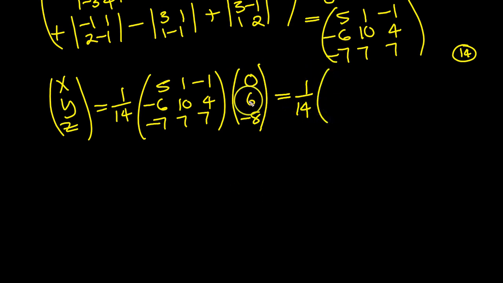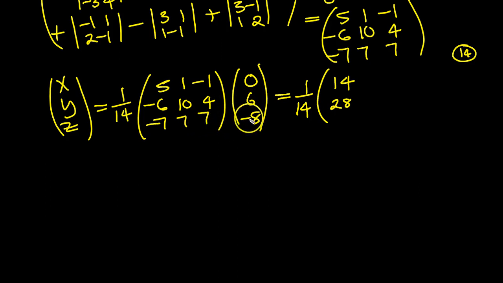And what have we got? 0, 6, minus 8. So we've got 5 noughts is 0. 1 sixes is 6. Minus 1 times minus 8 is plus 8. So we've got 6 plus 8 is 14. The next one, minus 6 noughts. 10 sixes is 60. Minus 32. 60 minus 32 is 28. And then the next one, minus 7 times 0 is 0. 7 sixes are 42.